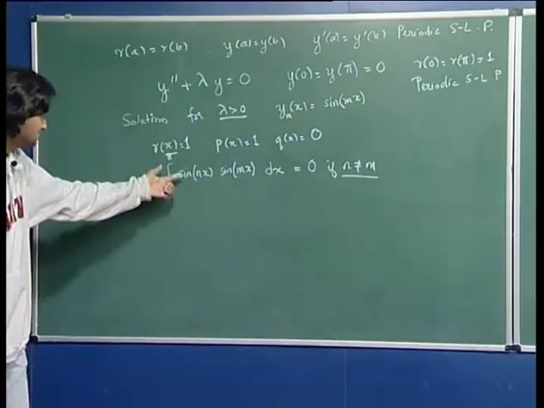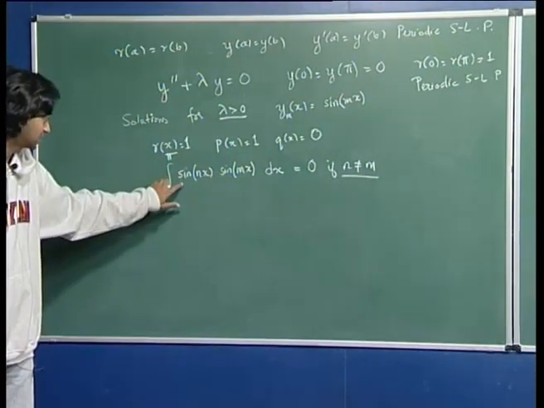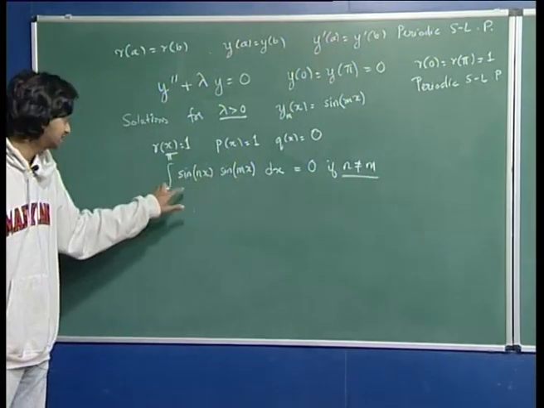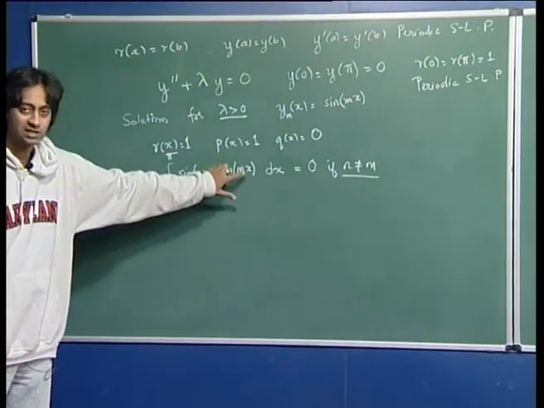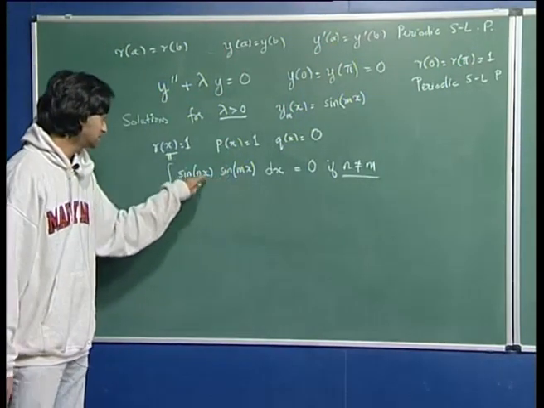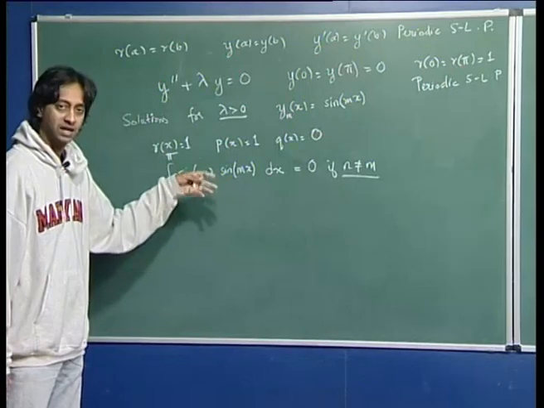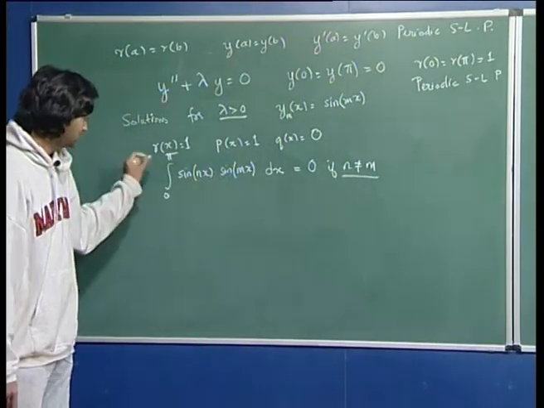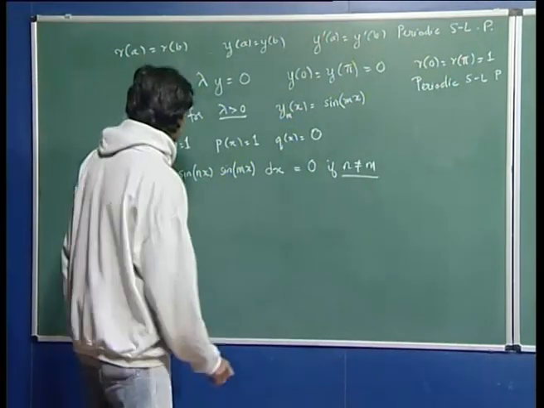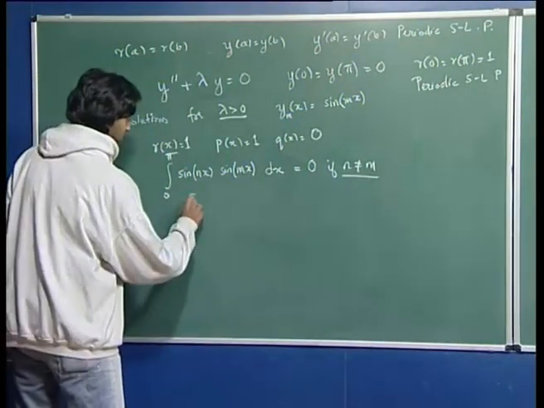Okay, and this is obviously true, because you take sin nx and sin mx, and if you integrate them from 0 to pi with n not equal to m, you can show that this gives terms like sin of (n plus m)x and sin of (n minus m)x, and each of those terms will be 0. So, this is easily verified.